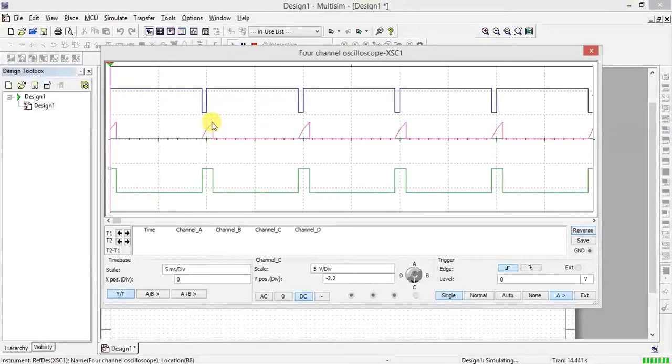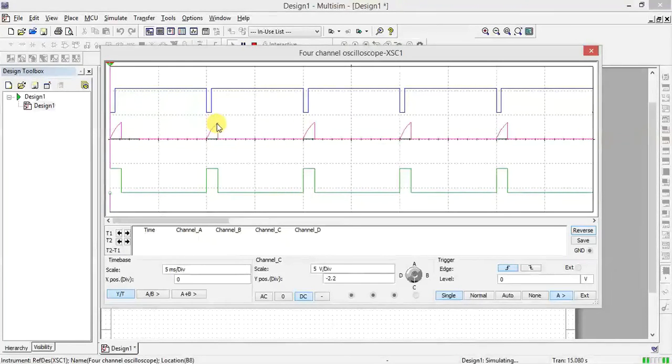Whenever it reaches 2/3 VCC, this voltage, you can check the voltage level value here. This voltage is around 3.3 volts, and channel B shows 3.4 volts. Whenever it reaches that, the output immediately changes from high to low and remains in the stable state.